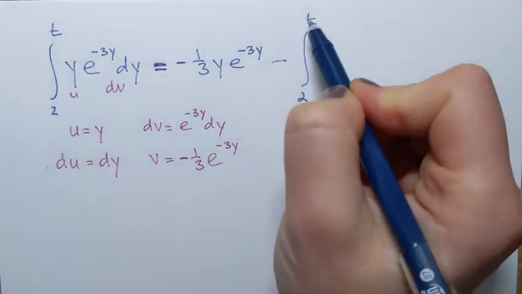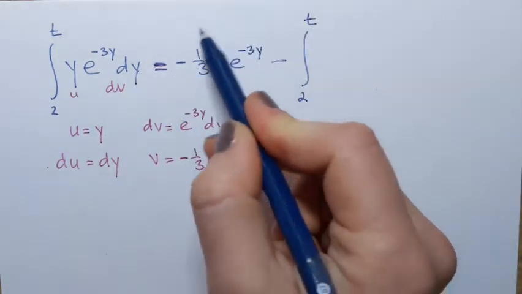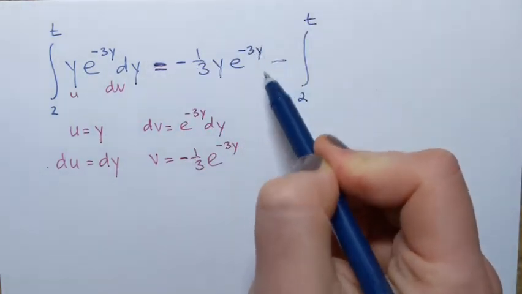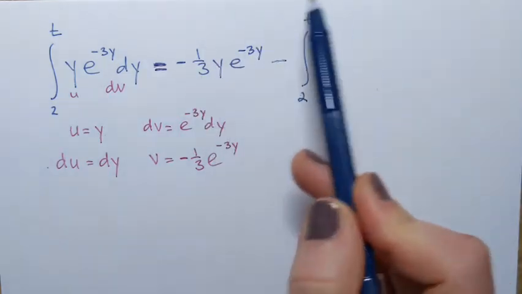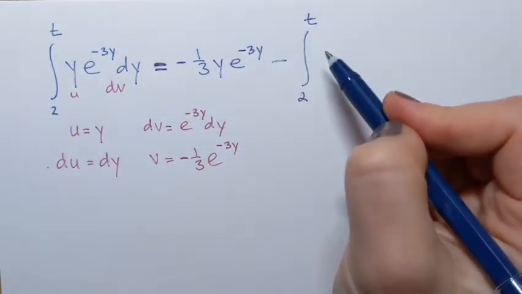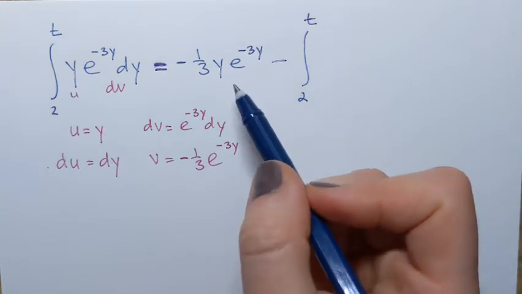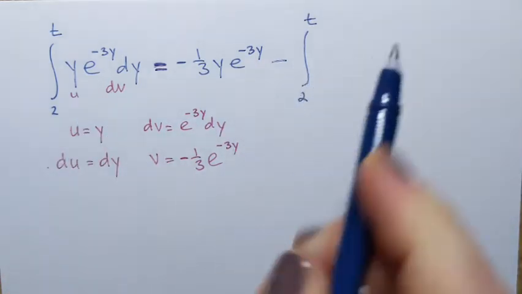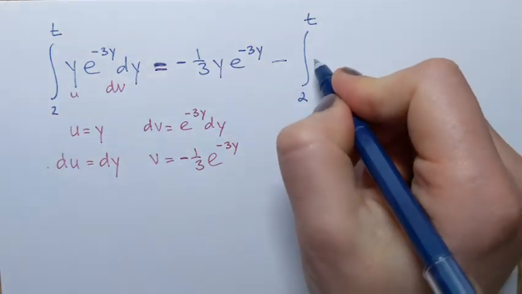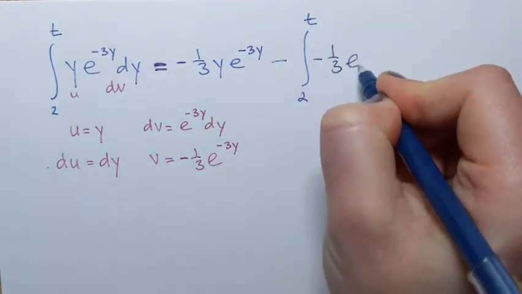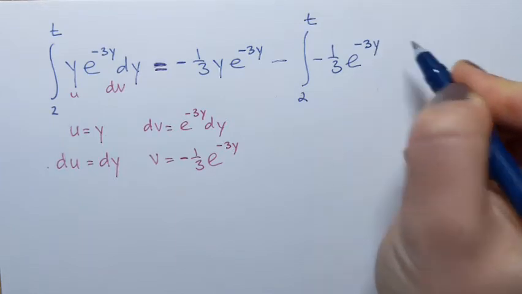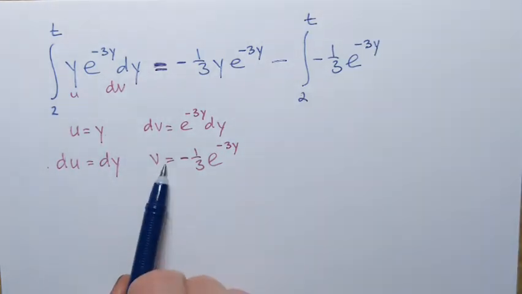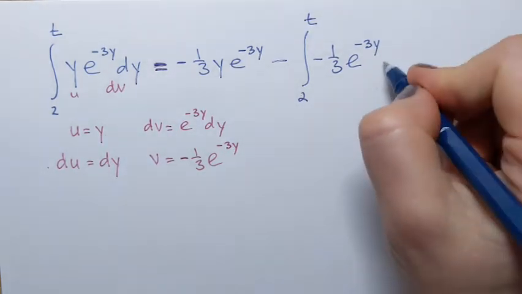By the way, this first part has to be evaluated at t and 0, so we'll do it all at the very end. And then within that integral, we had u dv here, so then here we have v du. v du, negative 1/3 e to the power negative 3y is v, and then du is dy.